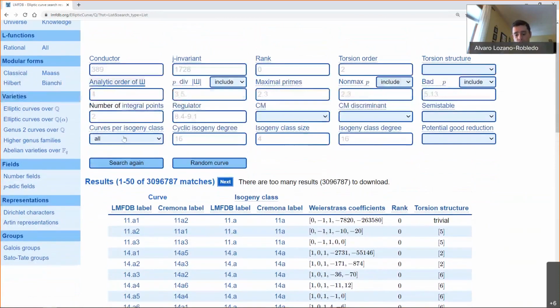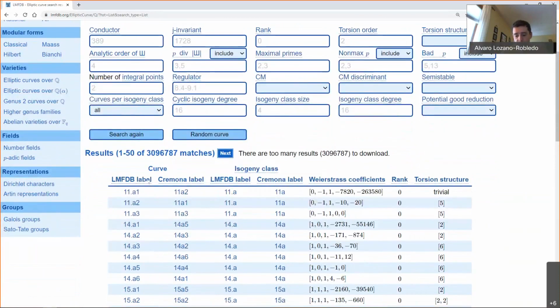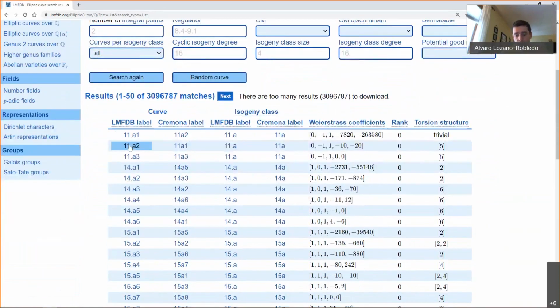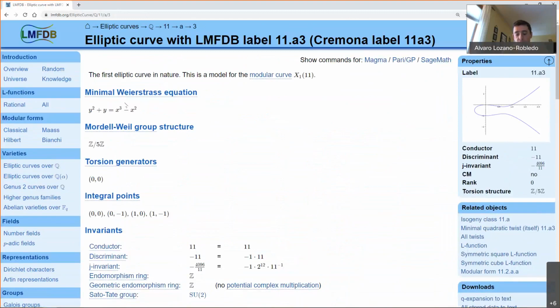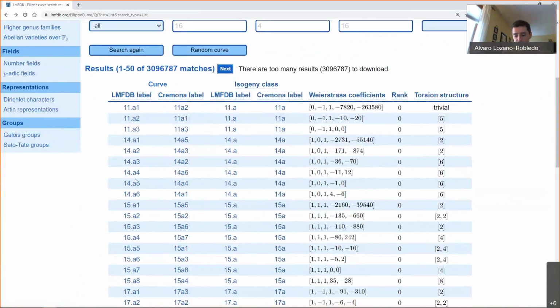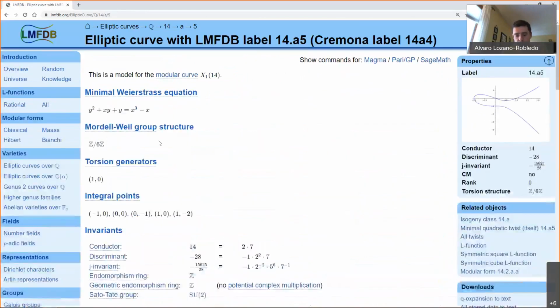By conductor, the first elliptic curves that come up are the conductor 11 curves, and 11A3 is the elliptic curve that I mentioned as an example of an elliptic curve with small coefficients. And then you have other elliptic curves, so for example 14A5 also has pretty small coefficients and so on.